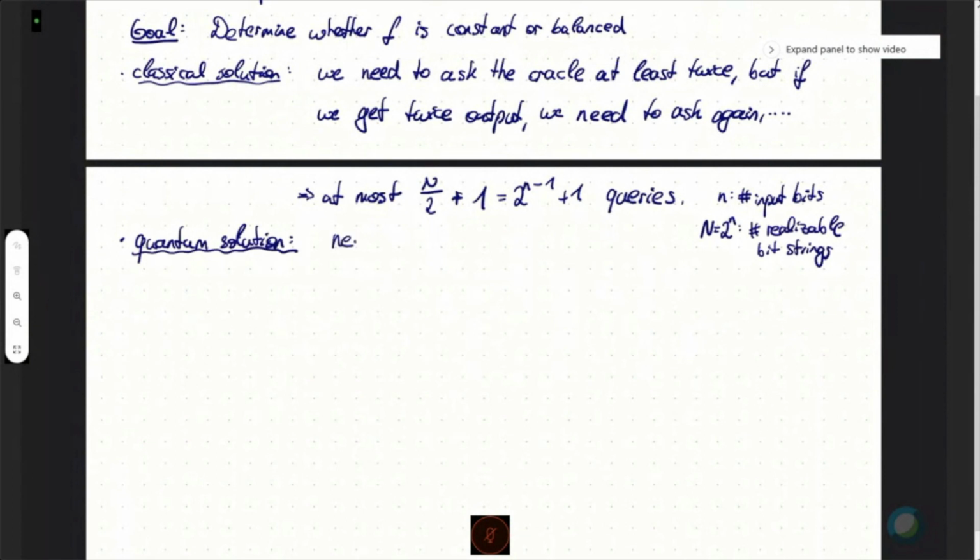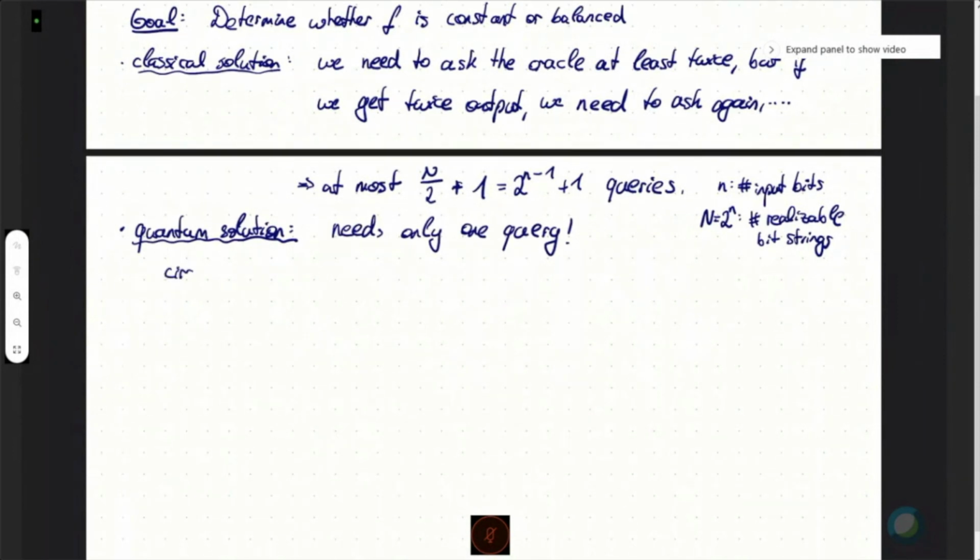In the quantum case, we only need one query in either case. And to see how that works, I'm going to give you the Deutsch circuit.